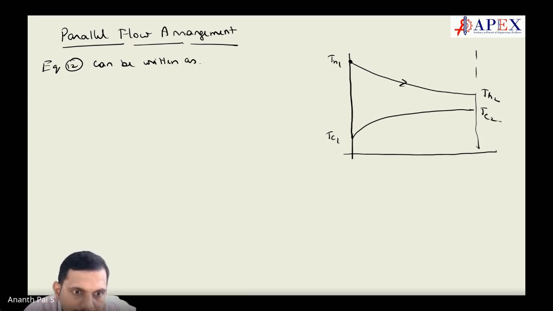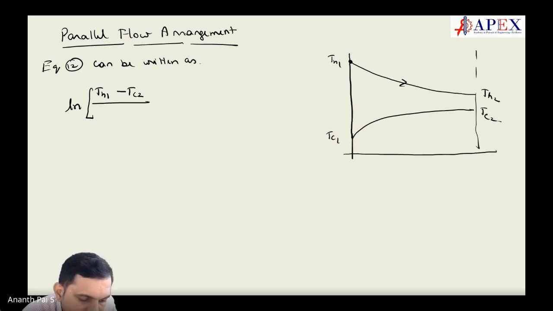log of equation 12 can be written as log of. I'll write here like this: Th1 minus Tc2 divided by.